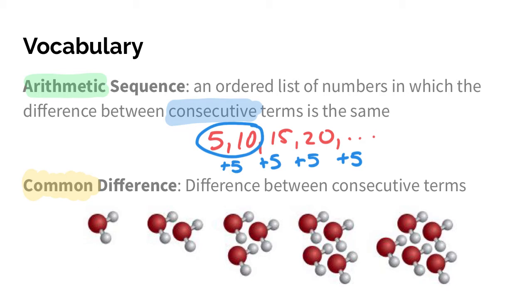Here I have 1, then I go to 2, then 3, then 4, and then 5 little atoms there. The common difference here would be plus 1 every single time. Again, it's called a common difference because it is the same thing that we are adding or potentially subtracting between every single term.